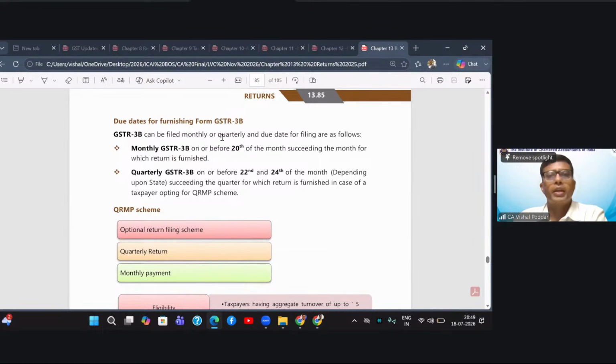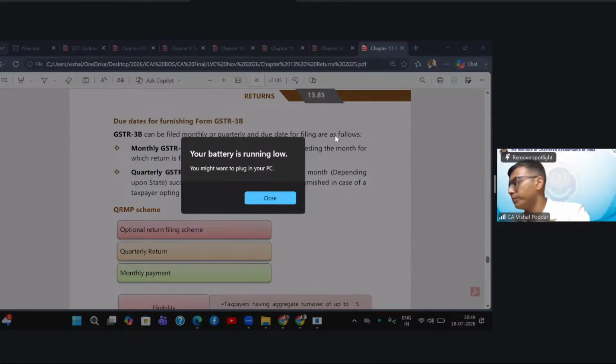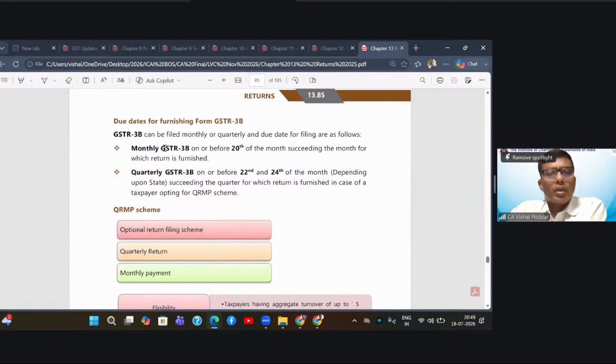Now, what are the due dates for furnishing the 3B form? So GSTR 3B can be filed monthly, quarterly, and the due dates are as follows. So for monthly GSTR 3B, the due date is 20th. So whoever are covered in monthly filers, for them the due date is 20th.